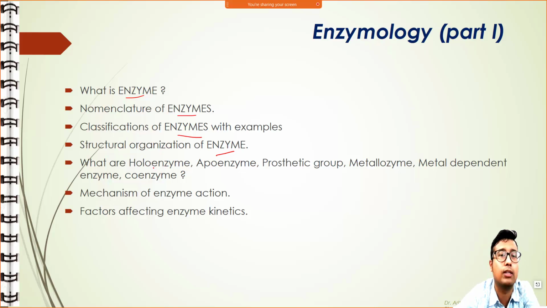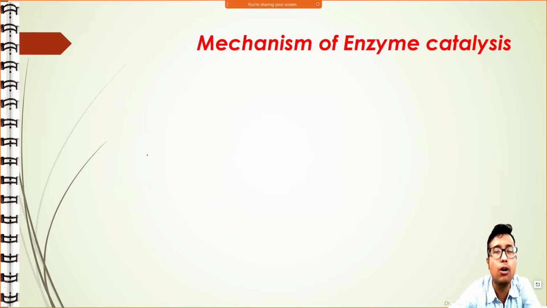Specifically, they can ask you what is holoenzyme, what is apoenzyme, what is prosthetic group, what is metalloenzyme, what is metal activated enzyme, and mechanism of enzyme action and factors affecting enzyme kinetics and enzyme reaction, that I will be discussing very soon.